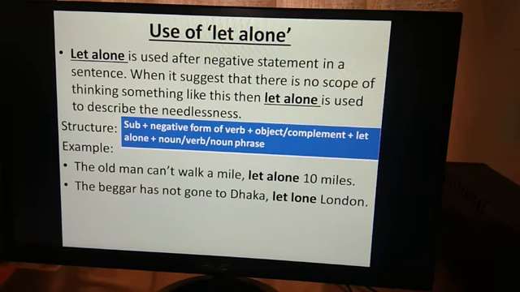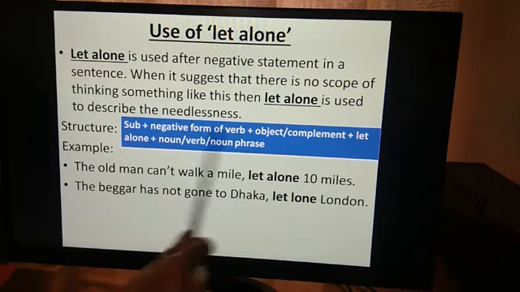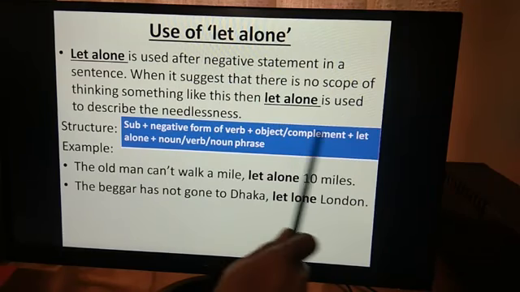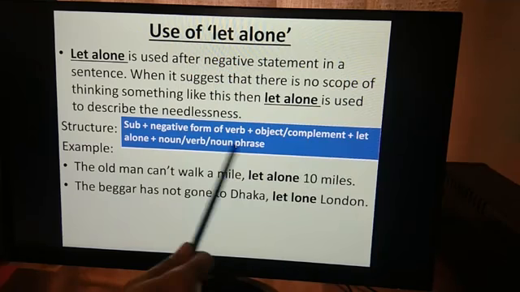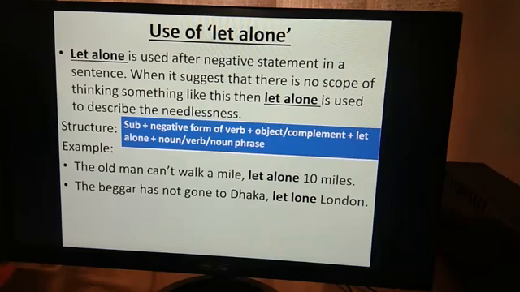The beggar has not gone to Dhaka, let alone London. The beggar has no ability to reach Dhaka. Has not gone is the negative form of verb, to Dhaka is the object or complement, then comes let alone, then a noun, verb or noun phrase, anyone, London, a noun. The beggar has not gone to Dhaka, let alone London.